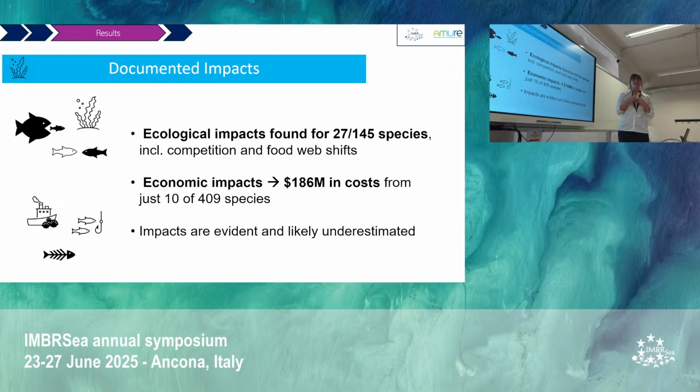But just these 10 had cost estimates that amounted to $186 million in 2017 exchange rate. So, from this very short glimpse of the impacts data, what we can say is that the species that we have found to be present clearly are capable of having impacts, some of which have already been observed, and also that the impacts that we are seeing are likely underestimated.